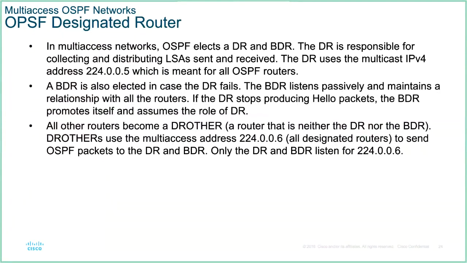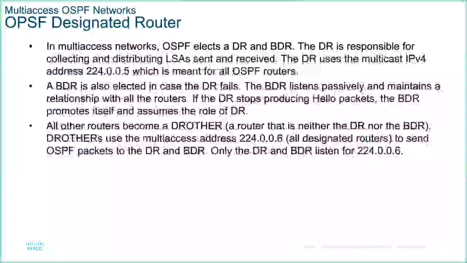224.0.0.5. Now, the backup designated router is there, and it's just listening at this stage. So it's keeping track of all the above information, but if it doesn't hear from the designated router within the appropriate time set based on the hello packets, it'll take over the role of designated router.